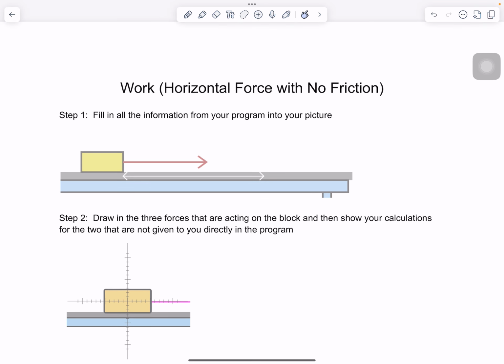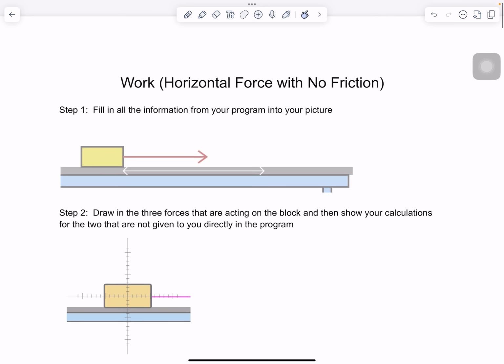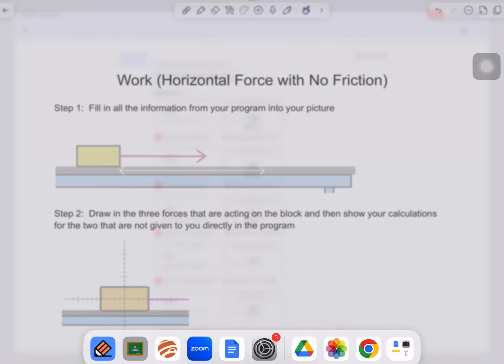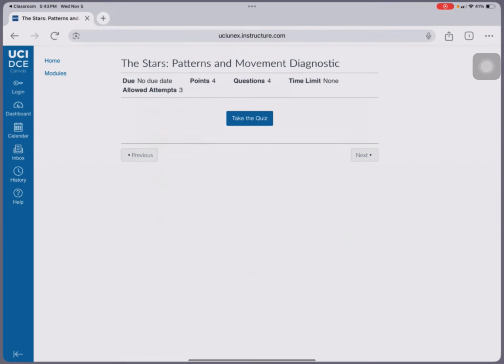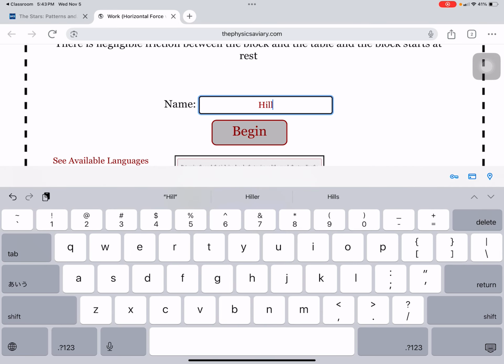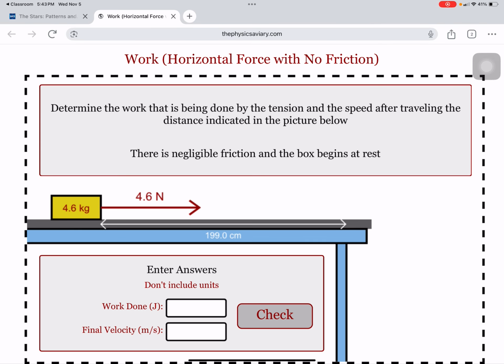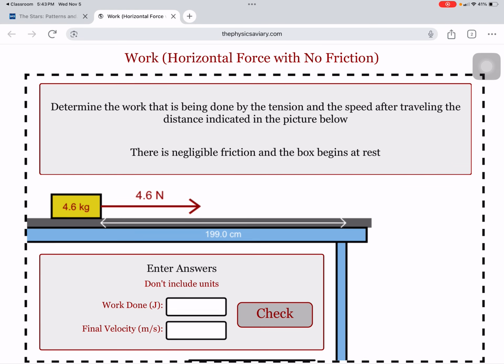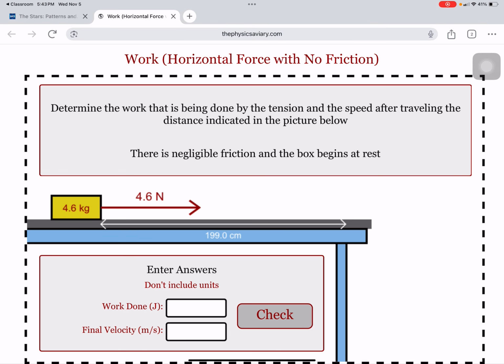Our first question is horizontal force, no friction. So when we open up our problem set, go ahead and put in your name. You're going to be given a mass, you're going to be given a force, and you're going to be told that the box starts from rest. And you're going to be given the distance. For me, it's 199 centimeters.